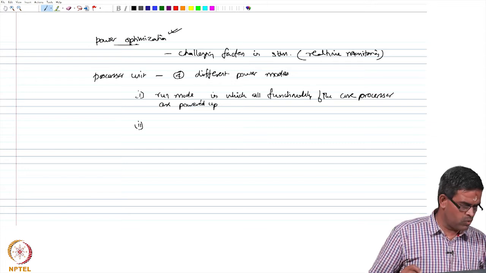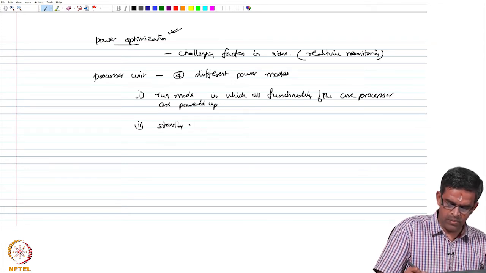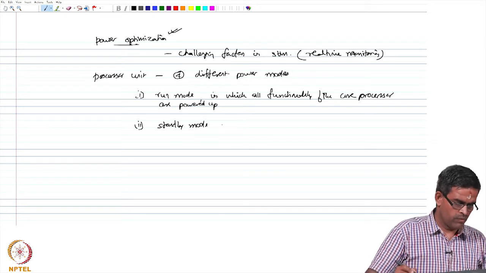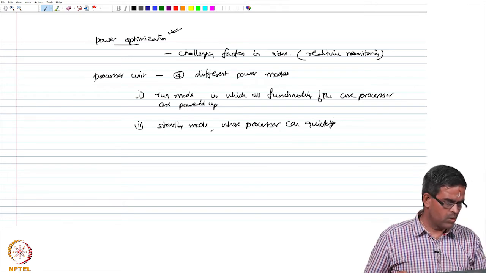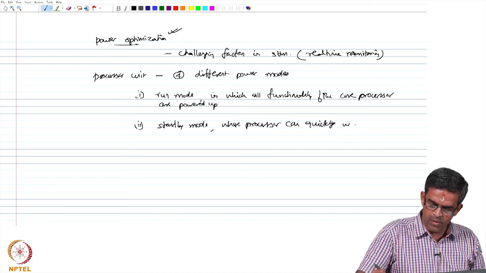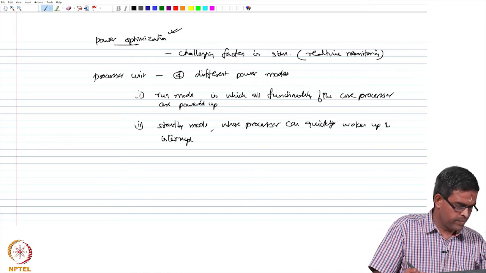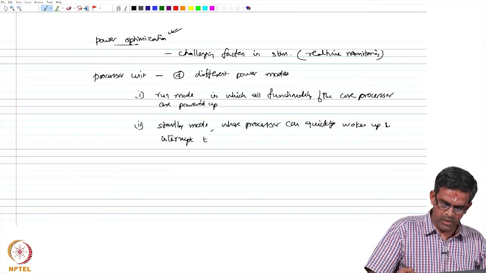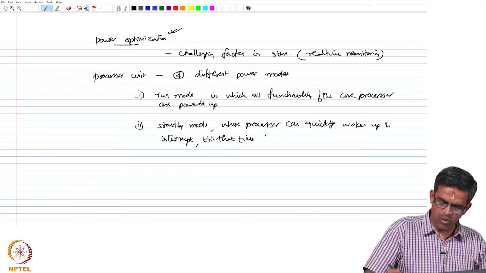The second mode could be the standby mode, where the processor can be quickly woken up by an interrupt, till the time the core clocks are shut down.